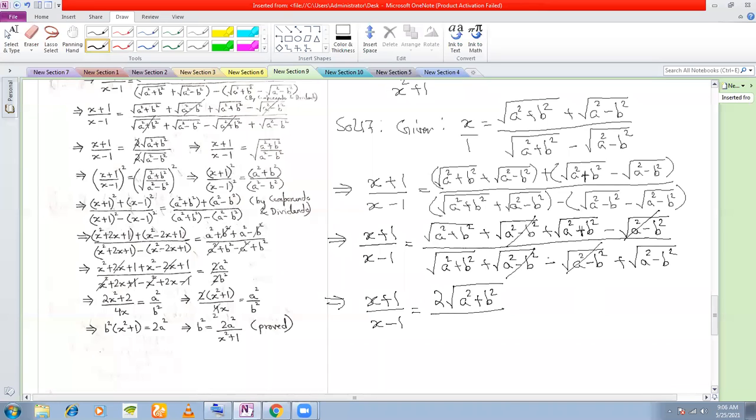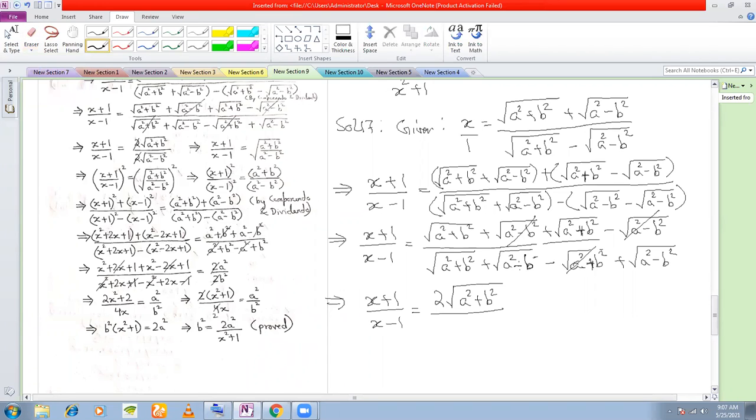And in the denominator, here also I think a similar mistake I have made, which should be plus. Okay. So this won't cancel. In fact, yeah, these two will cancel. So you're only left with 2 root a square minus b square.